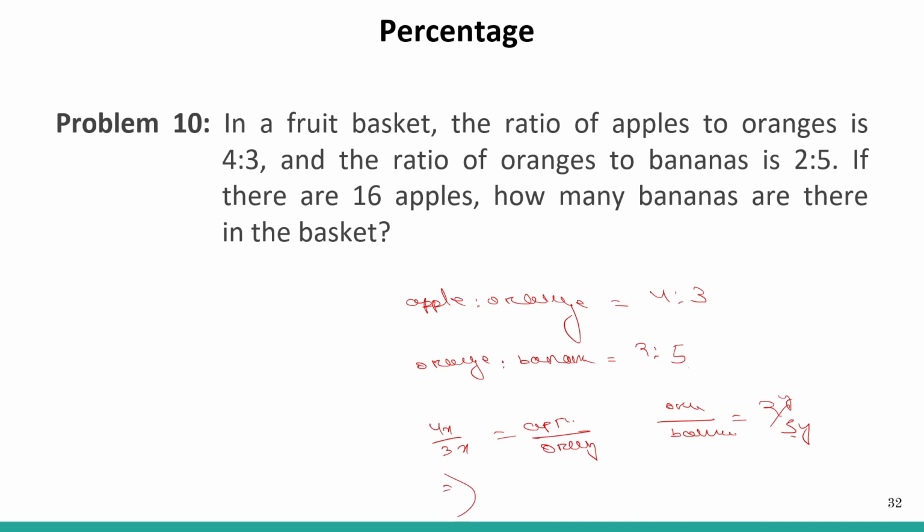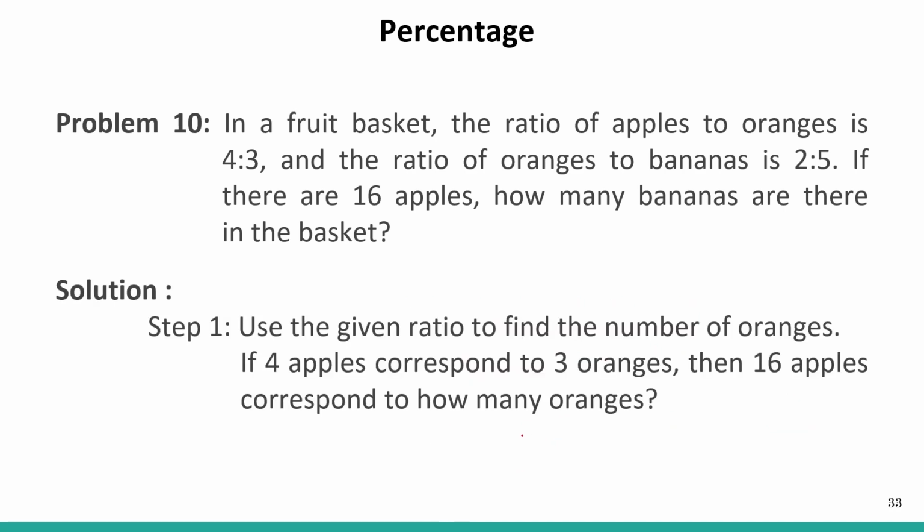How many bananas are there? So let's see. Use the given ratio to find the number of oranges. If 4 apples correspond to 3 oranges, then 16 apples correspond to how many oranges? 4 apples, 3 oranges. 16 apples imply 3 into 4 oranges, that is equal to 12 oranges.